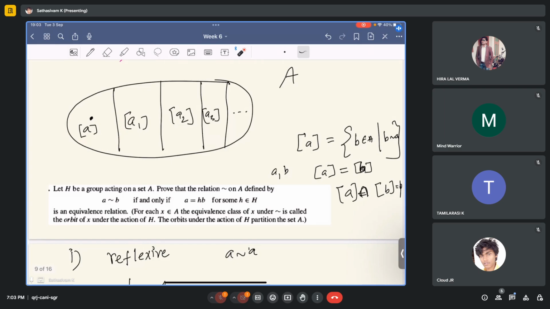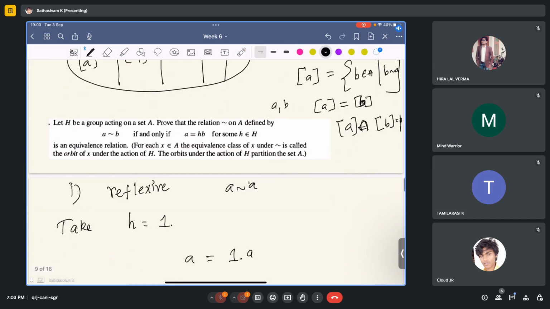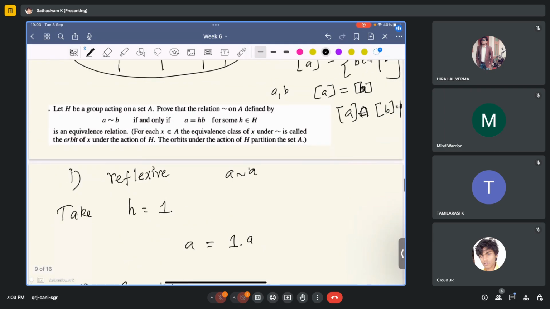And why do we care about orbits? There is a beautiful theorem that will come later. I'm not sure if we are going to do it. If you're interested, I will just give you a heads up. It's called the orbit stabilizer theorem. I'm not sure if you do it in the course.